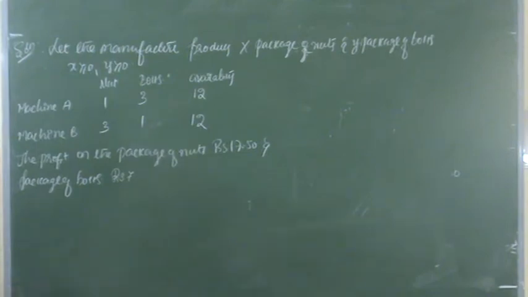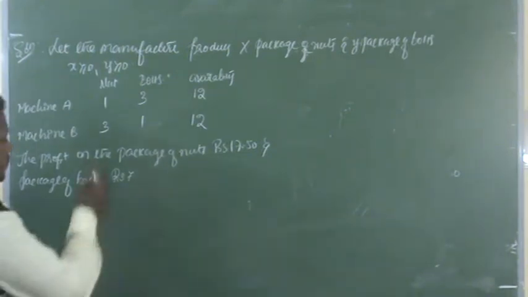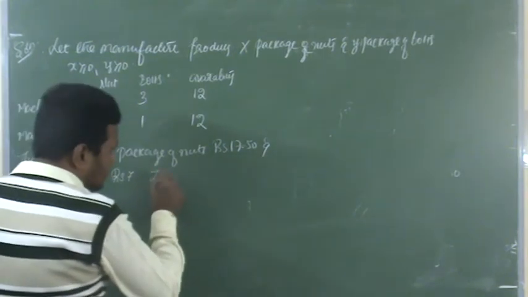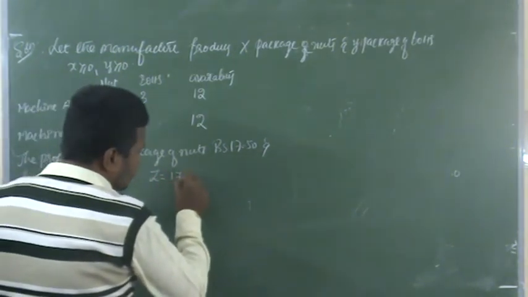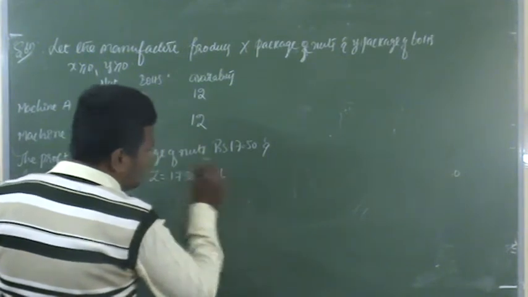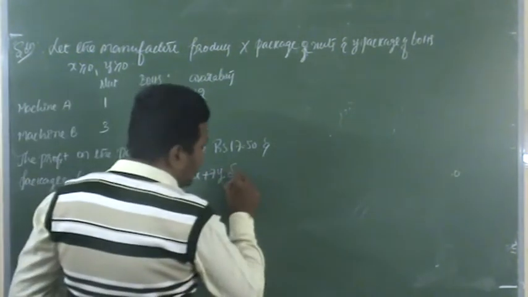Therefore, we write the objective: Z is equal to 17.50 x plus 7y, subject to the constraints.